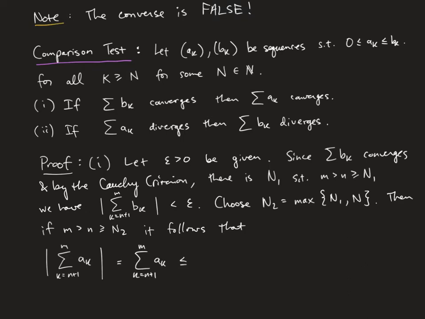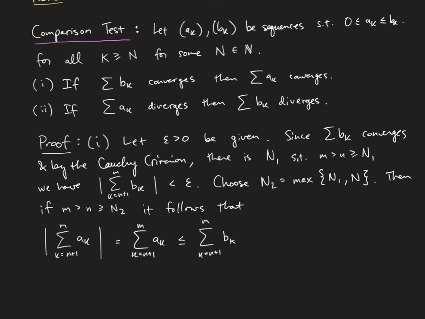Again, we have k in the correct range, so now we can apply this inequality, a_k less than or equal to b_k. That's less than or equal to the sum from k equals n plus 1 to m of b_k. Okay, so maybe I should note the reasons here.